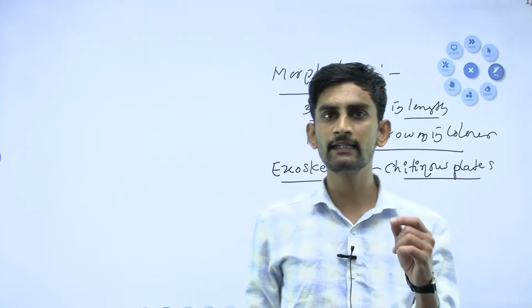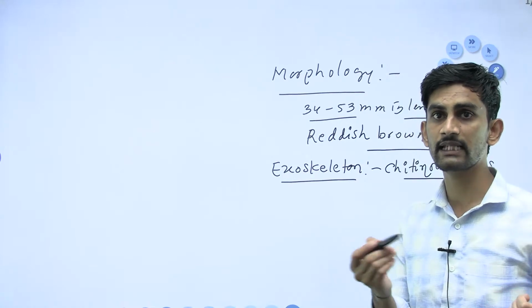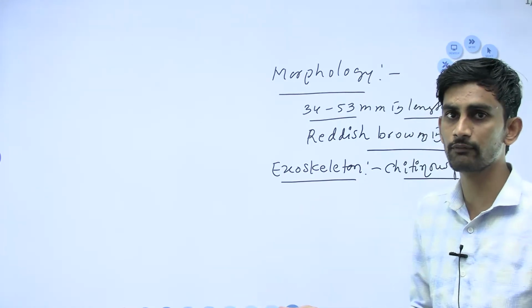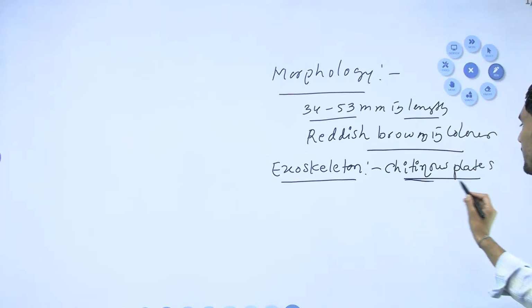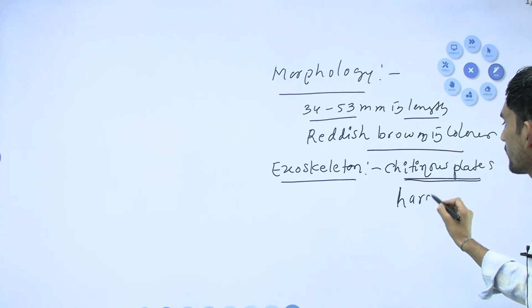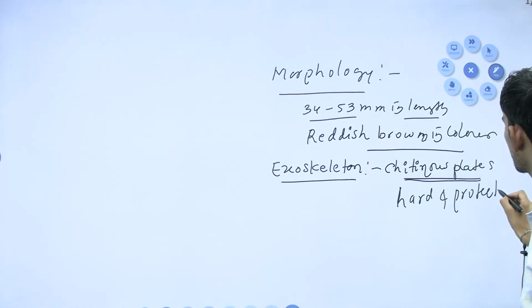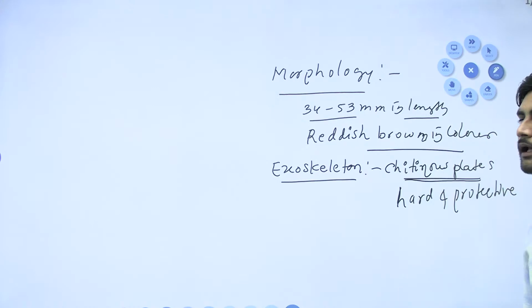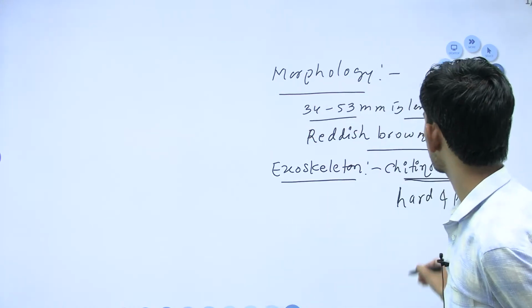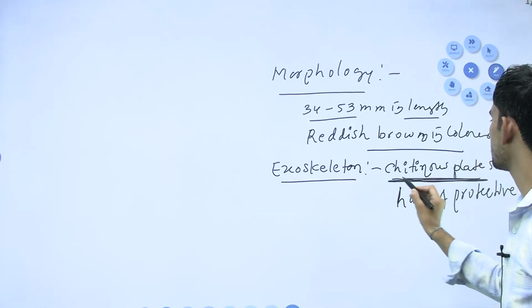Whenever there is a dead cockroach, with the help of forceps you can easily observe the external morphology. You will clearly observe the chitinous plates, which are hard, protective plates. The name itself says chitinous: chitin.